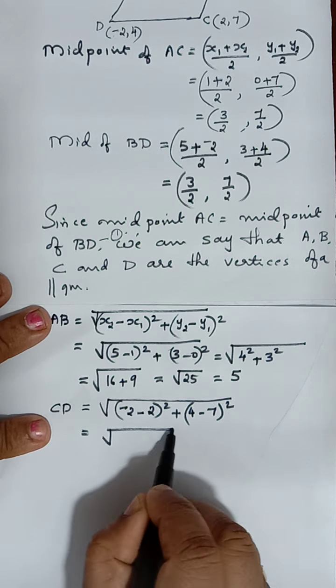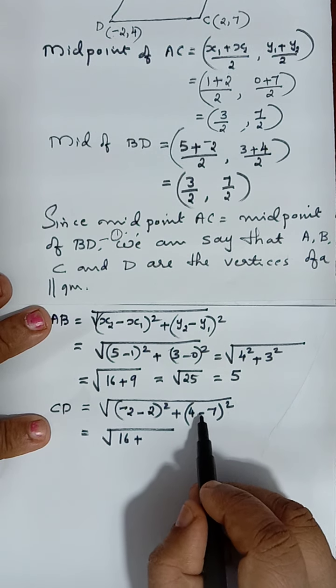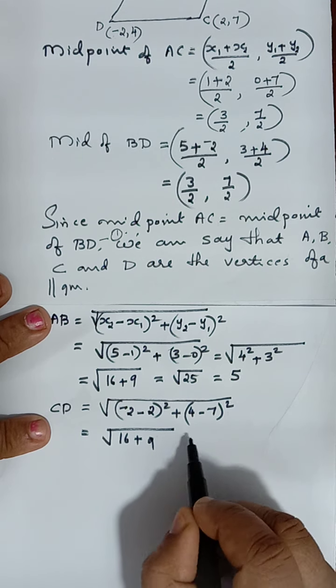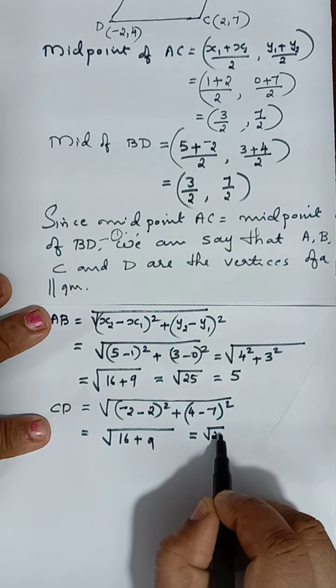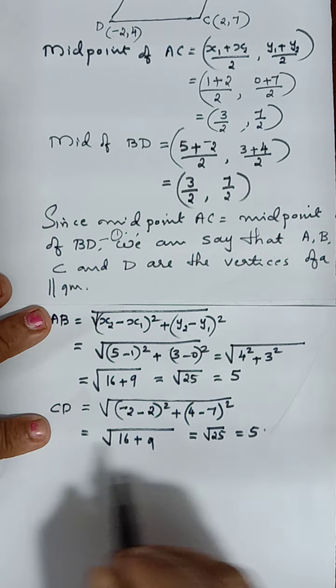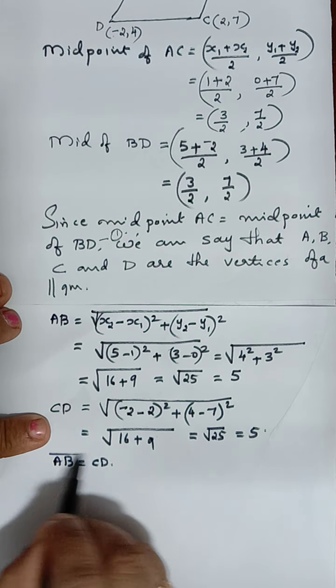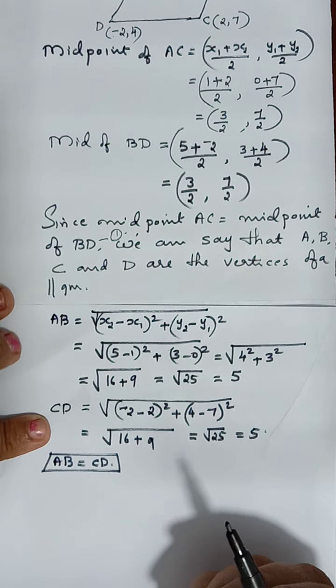So square root of 16 plus 4 minus 7, which is negative 3 square. Negative 3 square is 9. So again we are getting root 25 equal to 5. Here AB equal to CD. Here two opposite sides are equal.